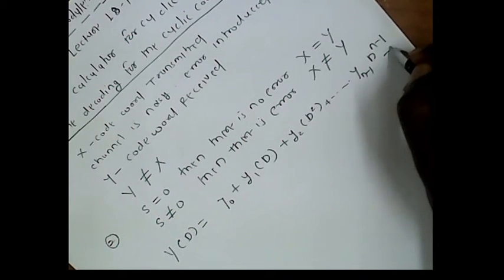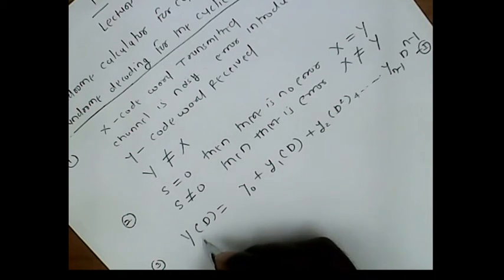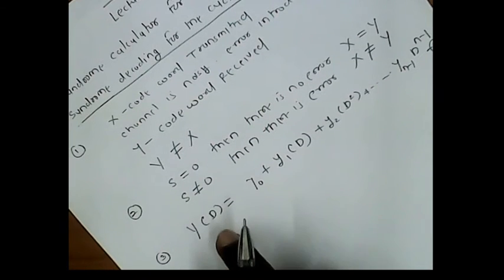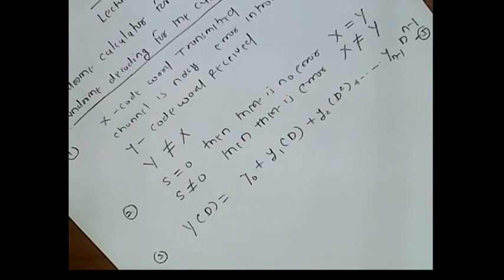This is equation number 1. So we can write the received polynomial in polynomial form. To obtain the syndrome polynomial for the cyclic code, we divide this received polynomial by the generator polynomial.